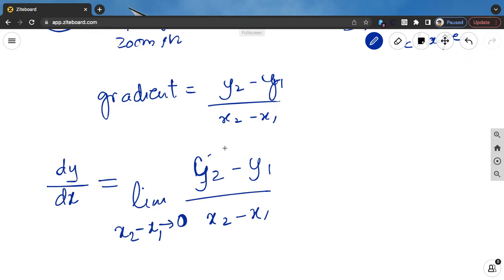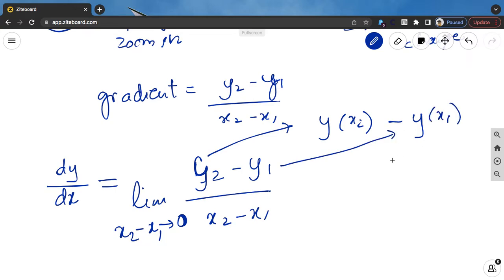Well, what is this y2 actually? This y2 is the y value at x2. What is y1? y1 is the y value at x1.